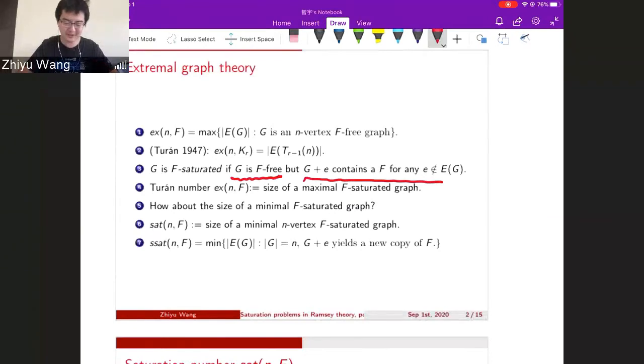In that sense, the Turán number of F is basically the size of the maximal F-saturated graph.